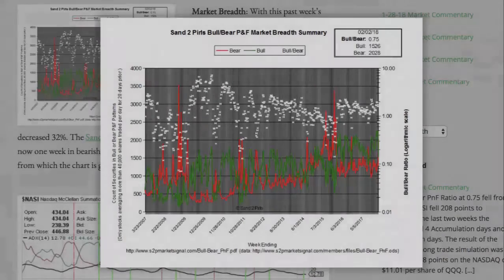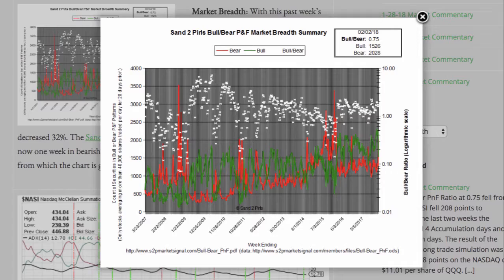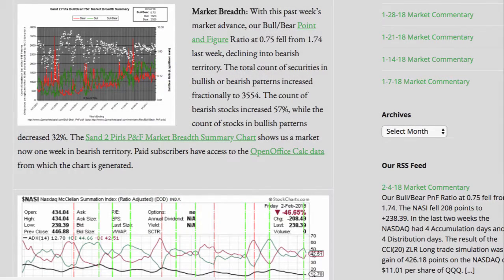2018. Market breadth. With this past week's market decline, our bull-bear point and figure ratio at 0.75 fell from 1.74 last week, declining into bearish territory. The total count of securities in bullish or bearish patterns increased fractionally to 3,554.